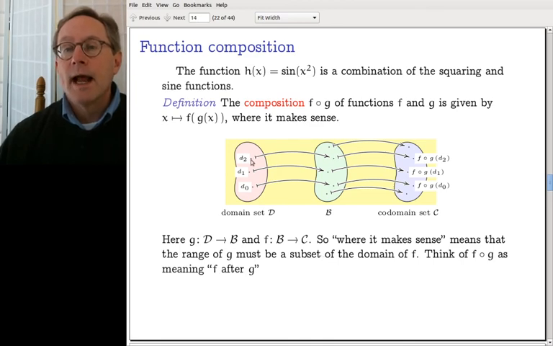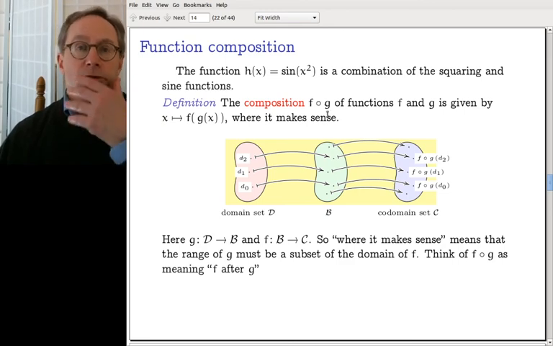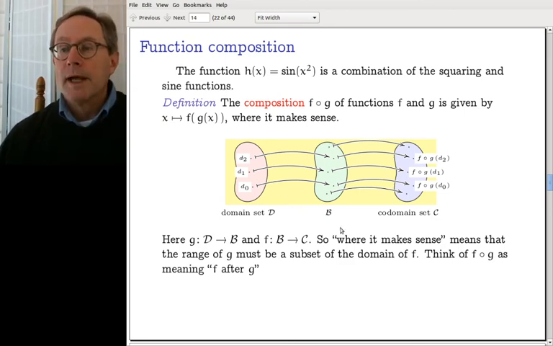What if we had an arrow from this domain here that went off into space and is not something that makes sense to input into f? Well, then the definition of composition would be in trouble. So where it makes sense means that the range of g has to be a subset of the domain of f. So you think of f circle g as meaning f comes after g. You do g first and then you do f.